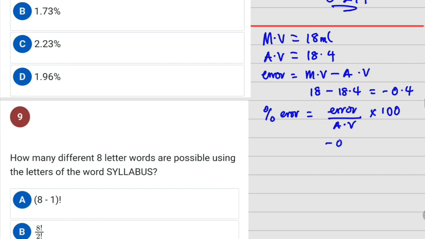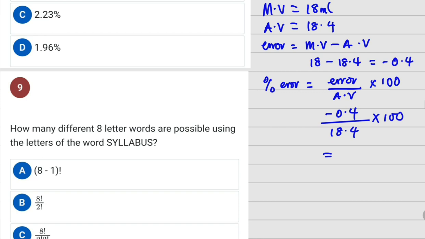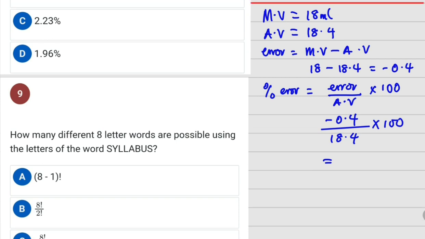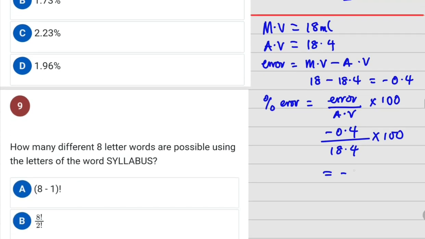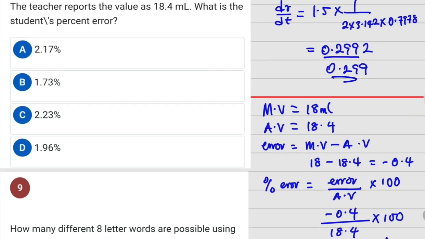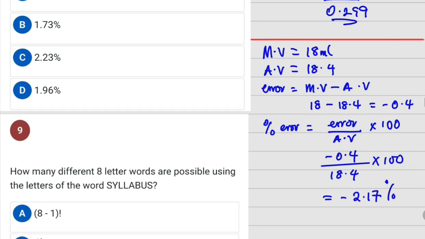So this is minus 0.4 all over the actual value, which is the teacher's reading, 18.4, then times 100%. Using your calculator, your answer will be minus 2.17%.